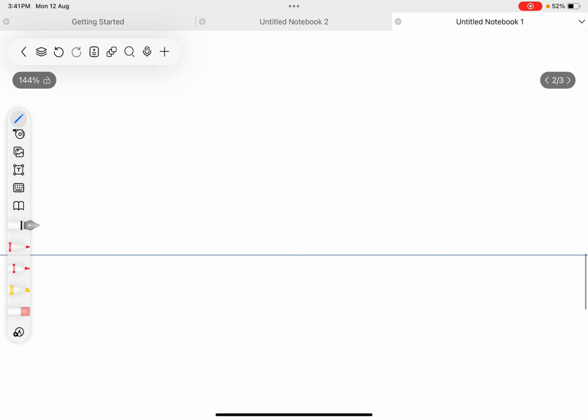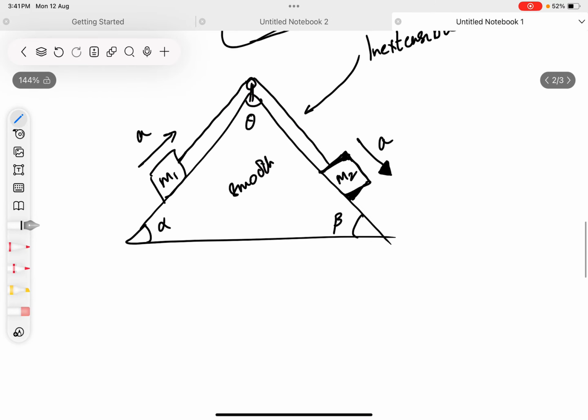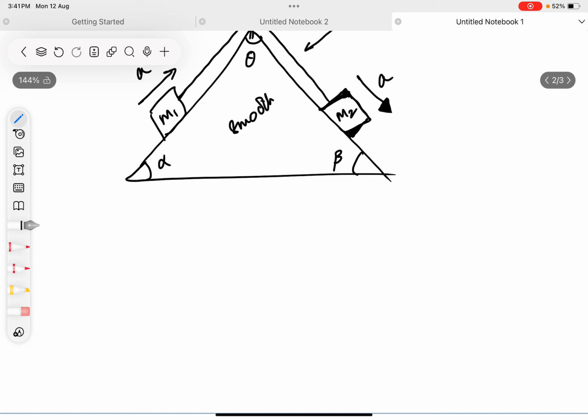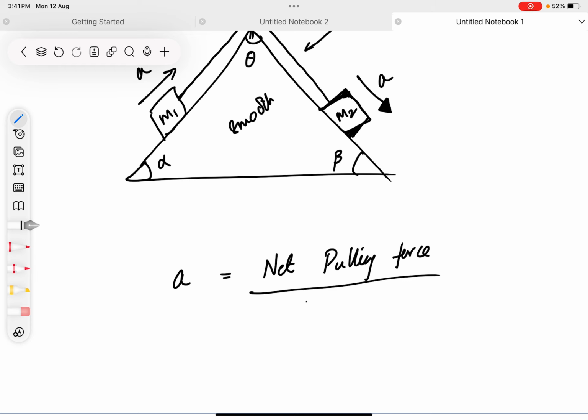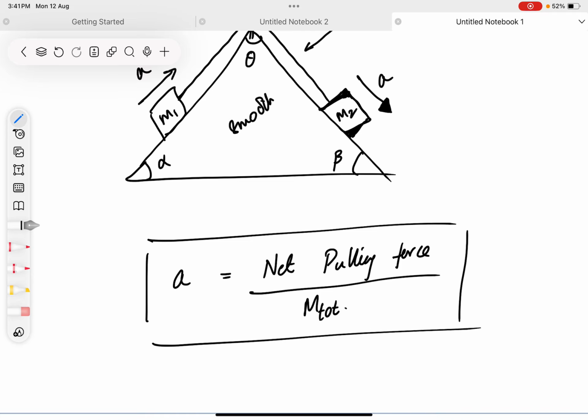So in all of these common acceleration systems, the idea remains the same. You just use the common acceleration as the net pulling force divided by the total mass of the system. Net pulling force divided by the total mass. Very, very simple.